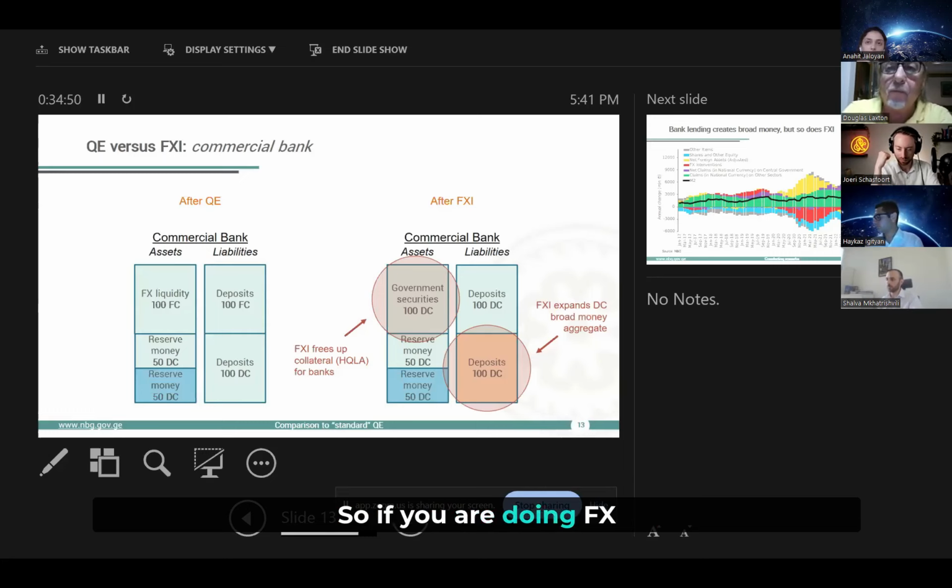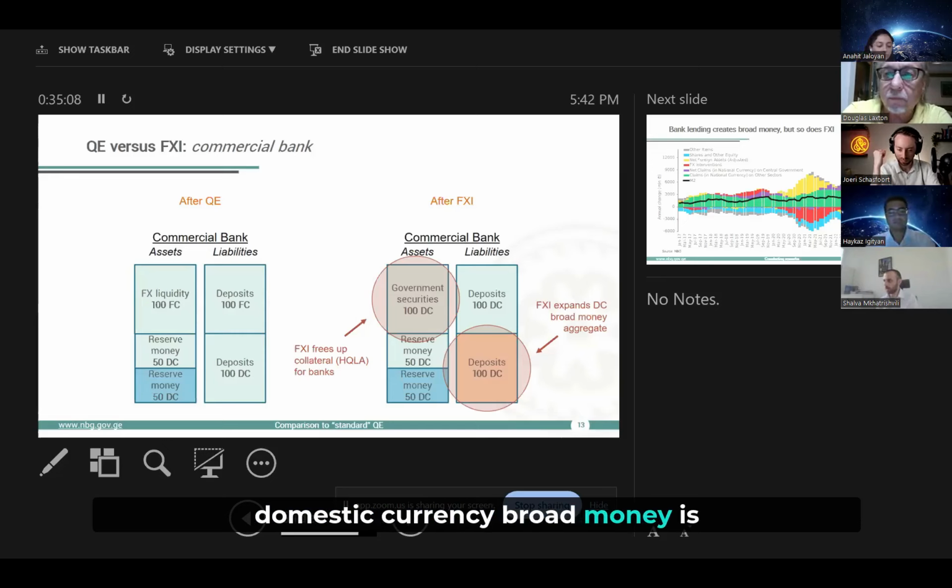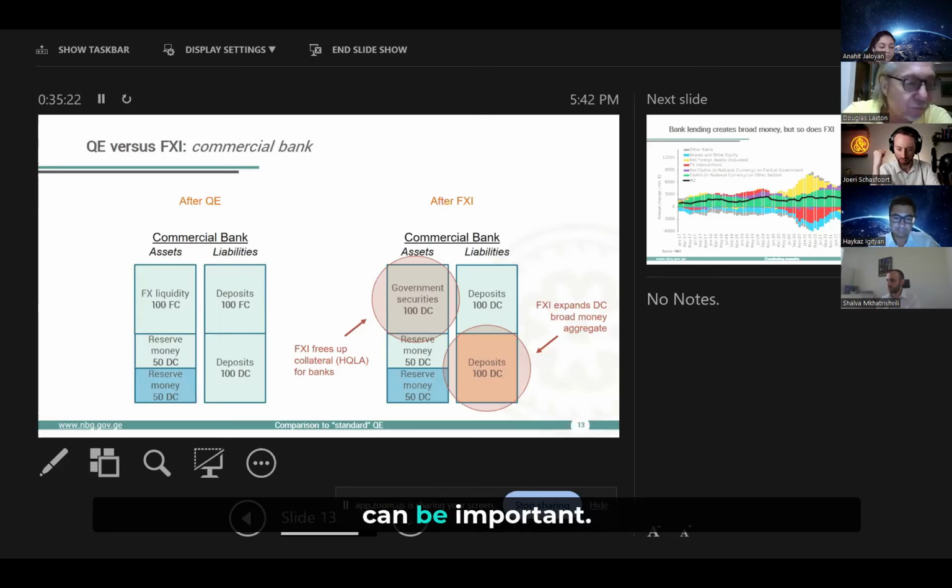So if you are doing FX interventions in big amounts, this can have an impact on domestic currency lending. And the other is domestic currency broad money, which is a related part, because impacting domestic currency lending and impacting domestic currency broad money are equivalent, since we know that lending is creating deposits. So the bottom line is that looking at the circumstances can tell us whether these effects can be important.